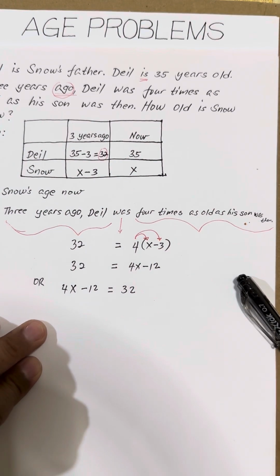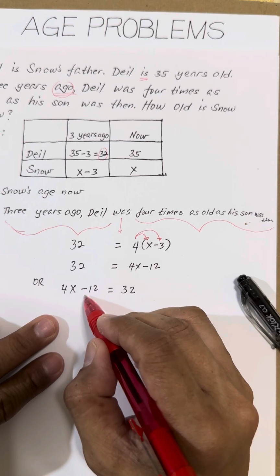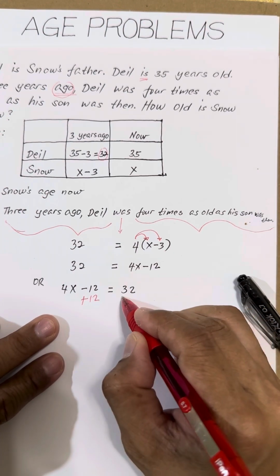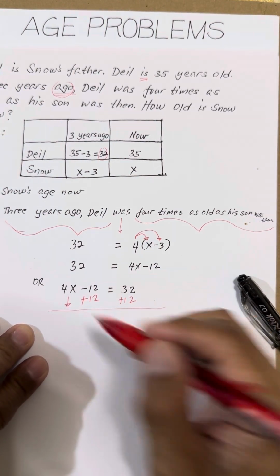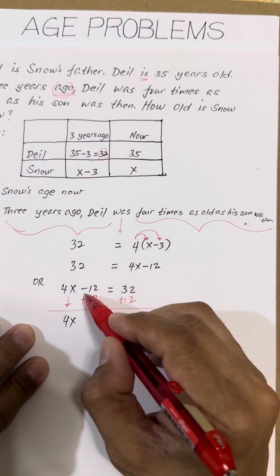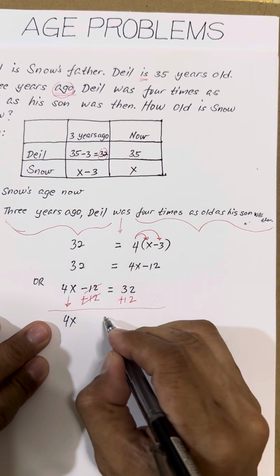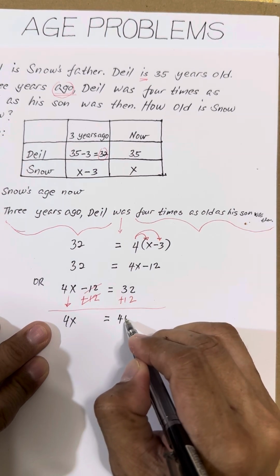To solve for the variable x, we can eliminate this negative 12 by adding 12 on both sides. So bring this down for 4x. Then minus 12 plus 12 cancels out, equal to 0. So equal to 32 plus 12, which is 44.